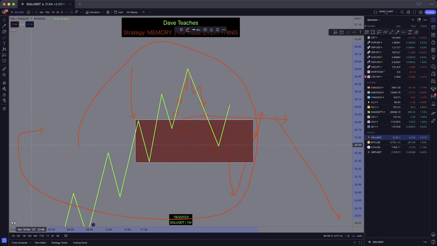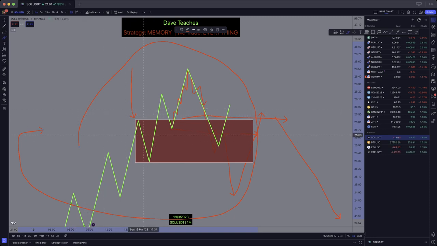Having to sit there and remember what it does in and around and after the zone is taken, guess how much time that takes? Oh, y'all love trading the 15-minute, right? Yeah, 15 minutes is cool, 30-minute, hourly is cool.